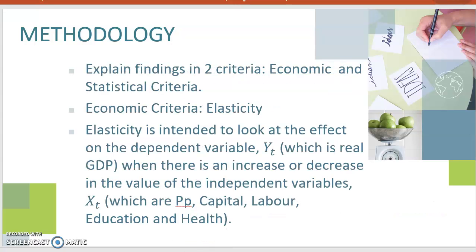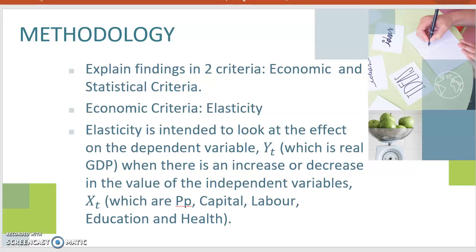Specifically, I explain the findings in terms of two criteria. The first is the economic criteria, and the second is the statistical criteria. So let us first look at the economic criteria, that is in terms of elasticity.